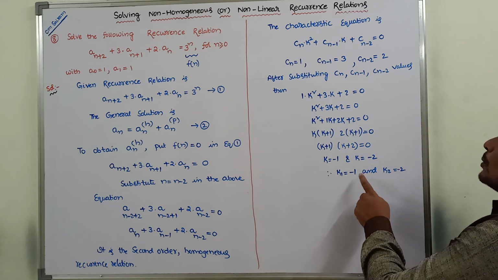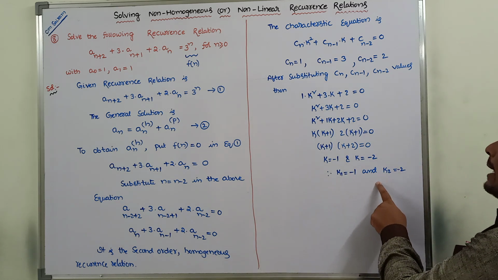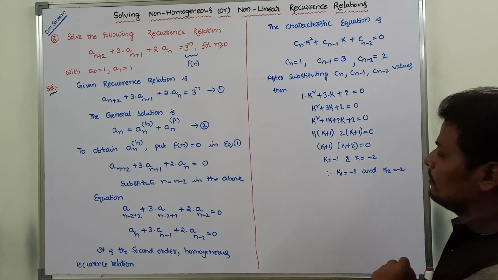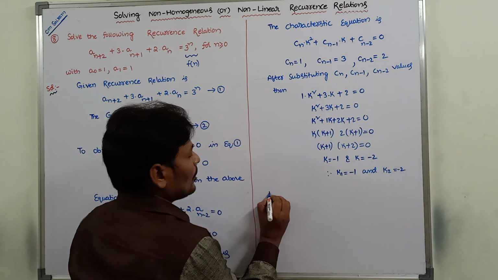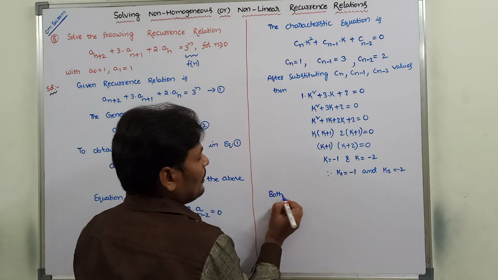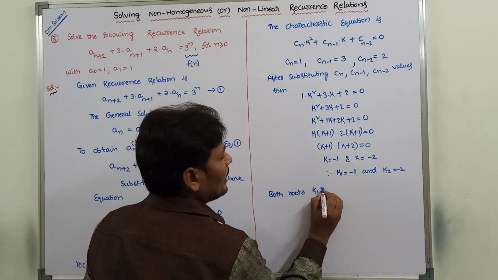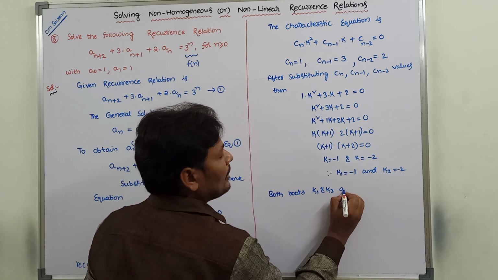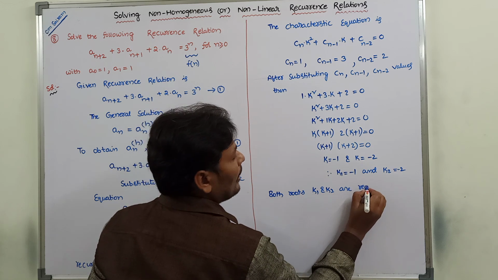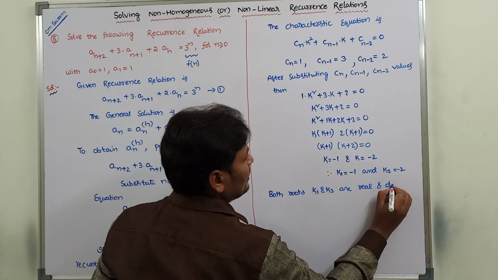Okay, here the two roots are real values and distinct values. So both roots k1 and k2 are real and distinct.